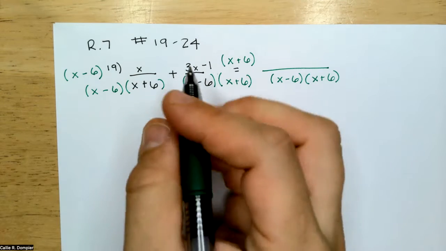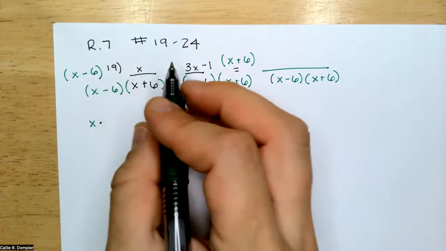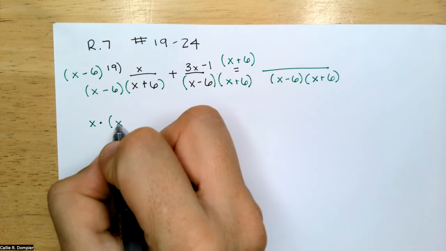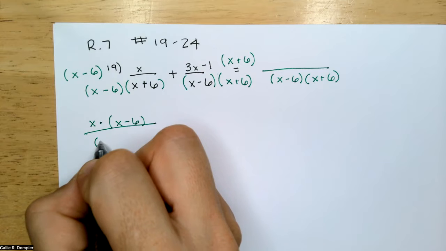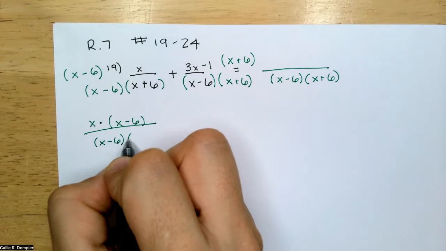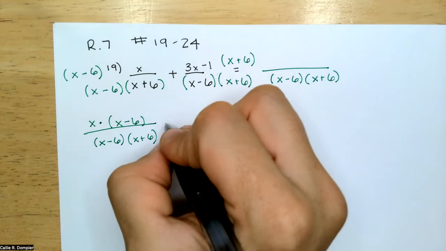If I have to write it out again, that would be x times the quantity x minus 6 over the common denominator x minus 6 times x plus 6. You don't need to do anything to this: x minus 6, x plus 6.